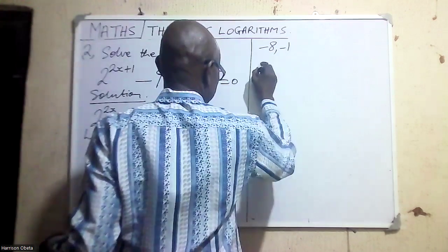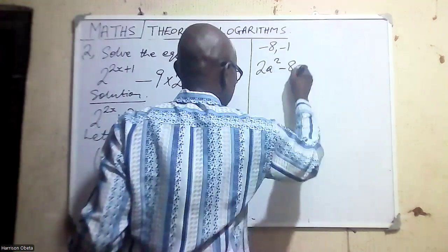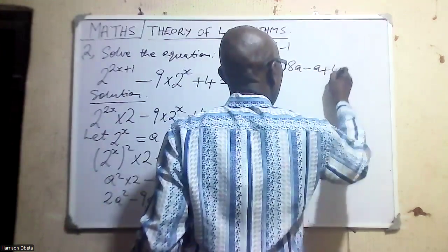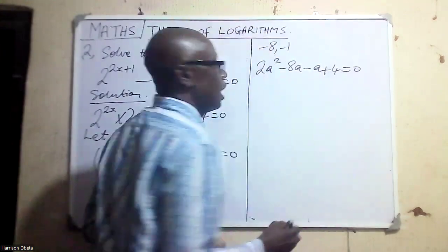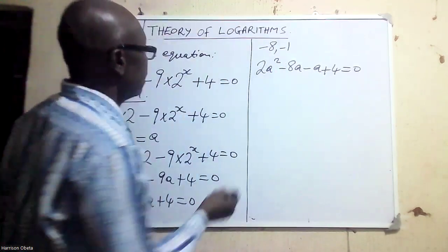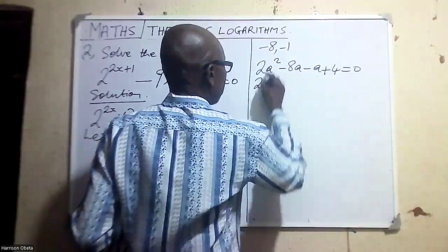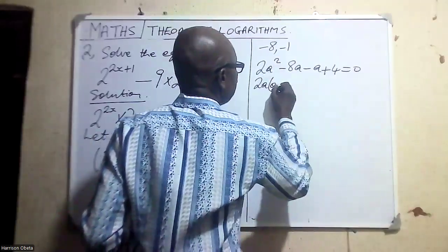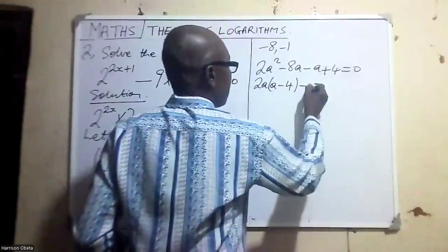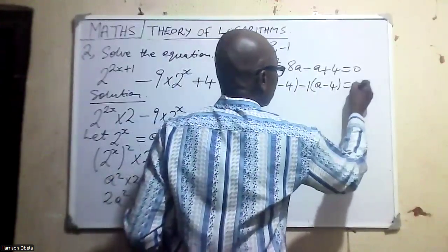So that will be 2a squared minus 8a minus a plus 4 equal to 0. And then we can now factorize by grouping. And that is, what is common here is 2a bracket a minus 4, minus what is common here is 1, that's a minus 4, equal to 0.